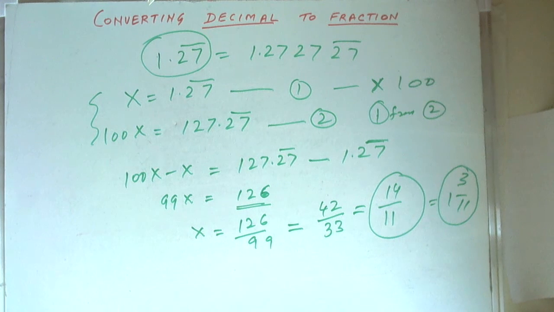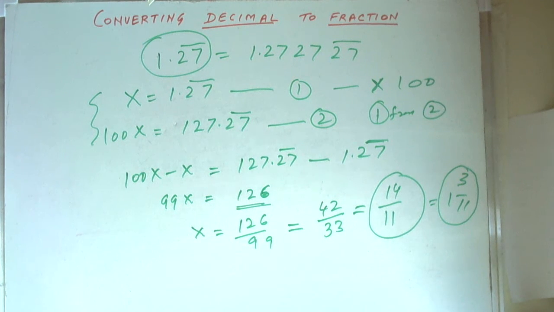So summarizing what we have learned in this particular video, we have seen how to convert decimals to fractions, and we have taken both the simple cases where it is a terminating decimal, and we have also seen cases where it is a recurring or repeating decimal.